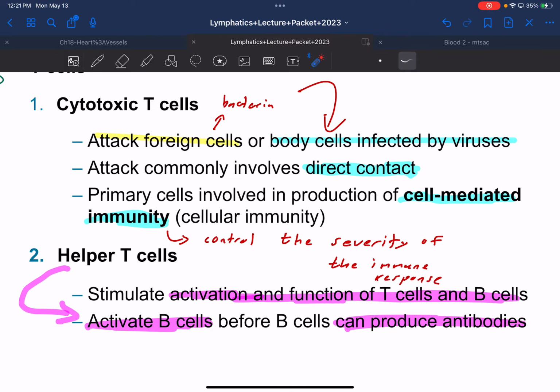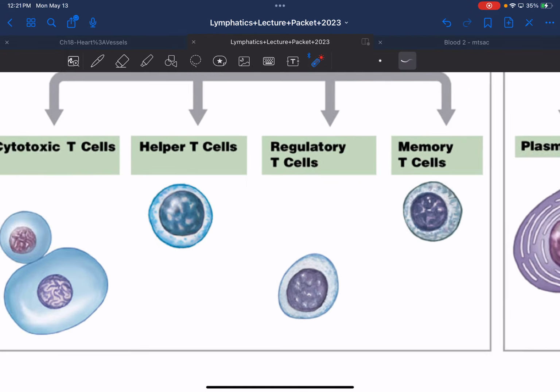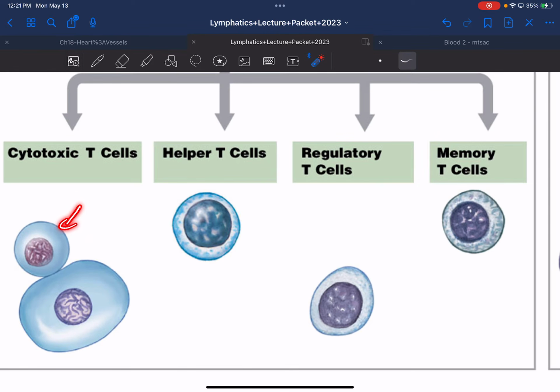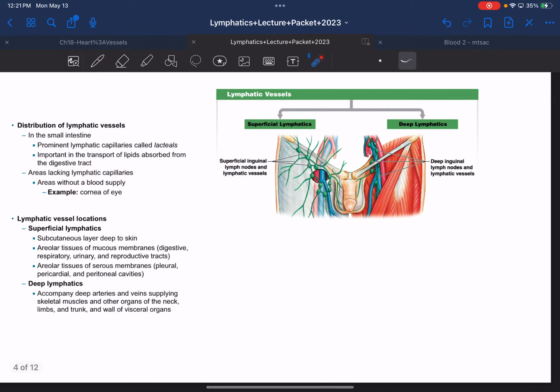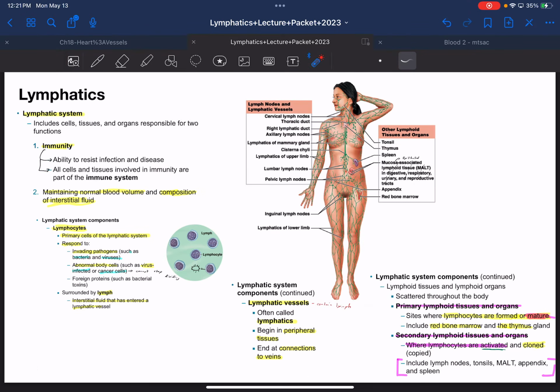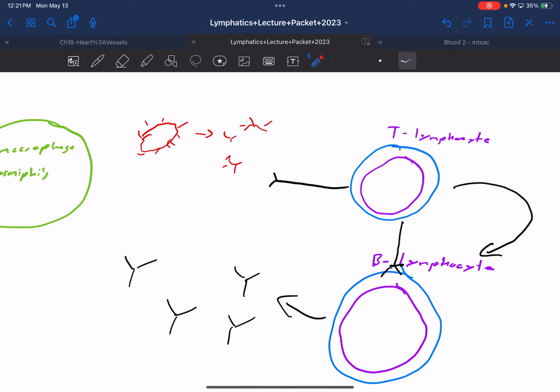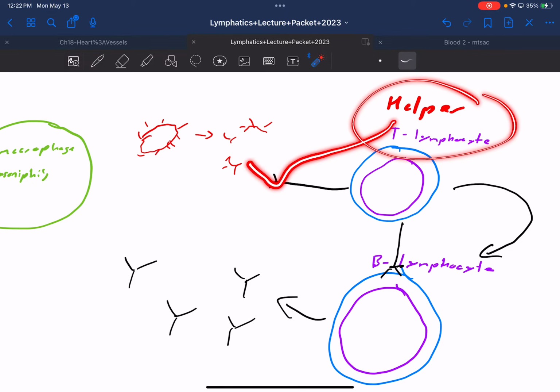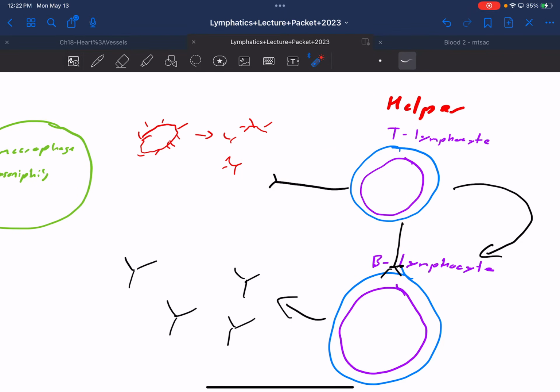And so helper T cells, as I keep describing with our little story, are the ones that say, hey, I just found something, right? Because these can go directly to something dangerous and say, hey, time to get rid of it. But what they do is, as I mentioned in our little background story, if you're introduced to something bad, these helper cells will then go and say, hey, I found something. You should probably create some antibodies for it.